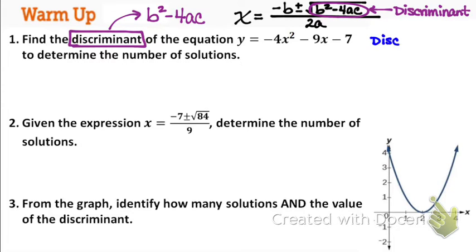If my discriminant is bigger than 0, if it is a positive number, what does that mean about the number and type of roots we're going to have? How many roots will we have if the discriminant is a positive number? We're going to have 2.